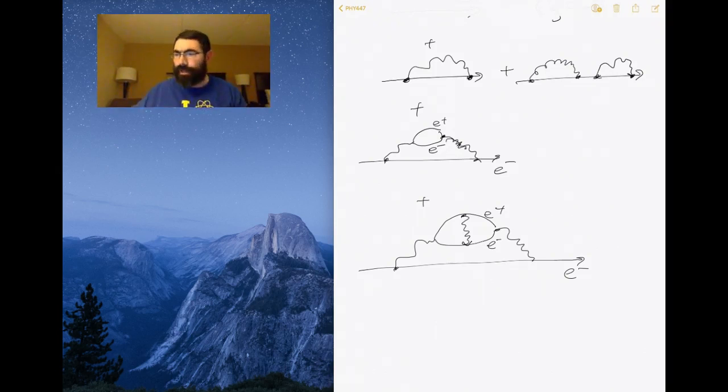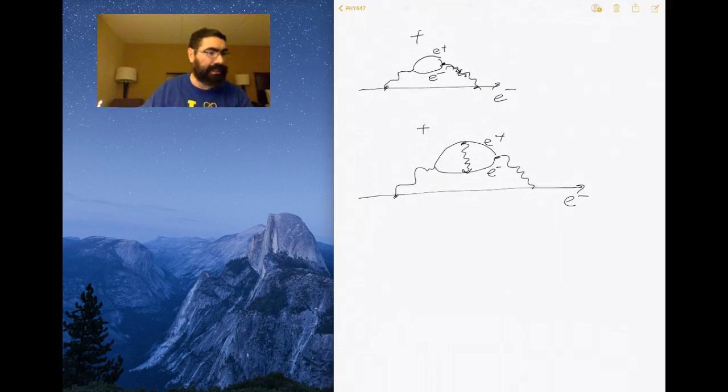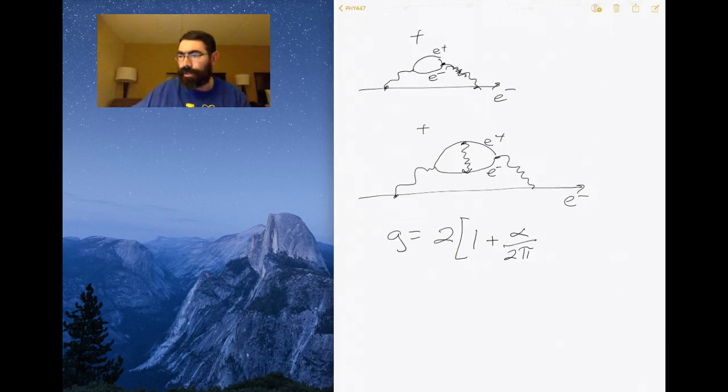And when you start adding those up, what you get is G, which is equal to 2 times 1 plus the fine structure constant divided by 2 pi plus other factors on the order of the fine structure constant squared plus factors of the fine structure constant cubed, the fine structure constant to the 4th power.